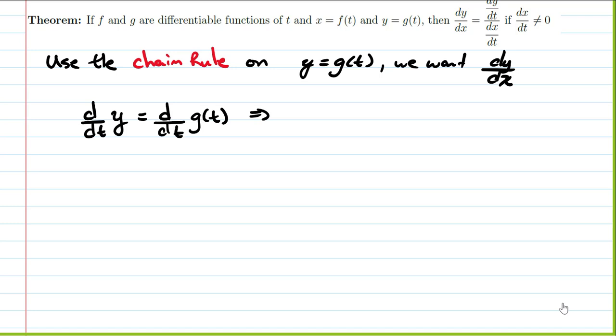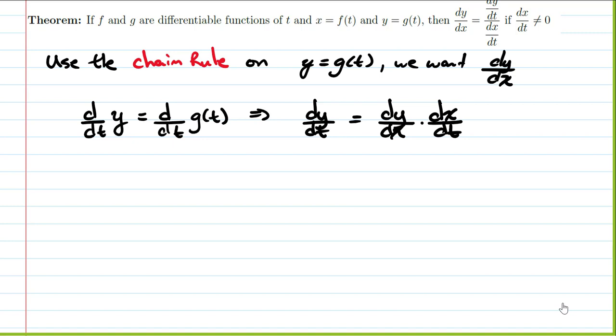So if we do this, but we treat x as a function of t, we're going to get dy/dt is equal to dy/dx times dx/dt.